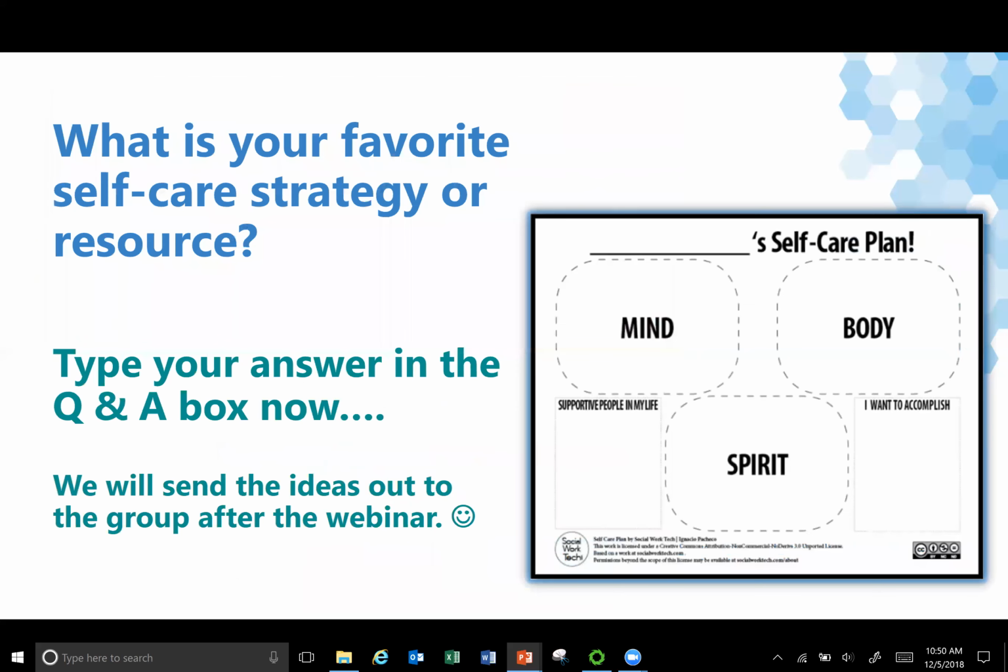Okay, so again, I want to give you a chance to share some of the things you might be using for self-care that have been successful on your end. I put this graphic organizer up as a visual because I want us to be mindful that we have a need for self-care in mind, body, and spirit. If there's something that's been really working for you, I'll give you a couple of minutes here to type it into that Q&A box.